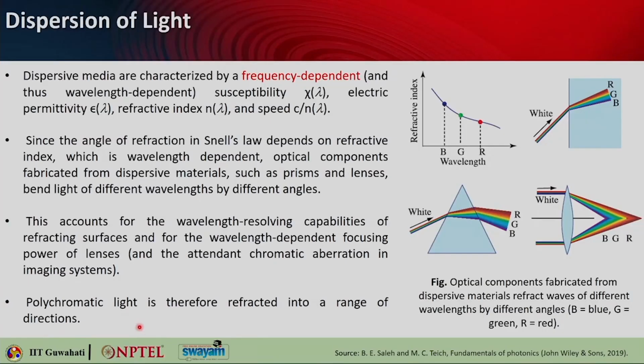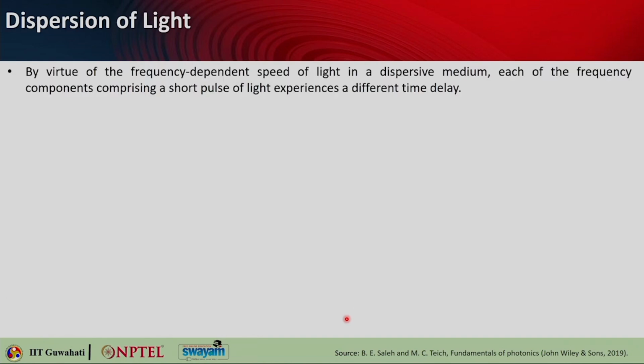Polychromatic means many colors, monochromatic means single color, chromatic means color. Polychromatic light is therefore refracted into a range of directions depending on the different speeds of the different wavelengths.